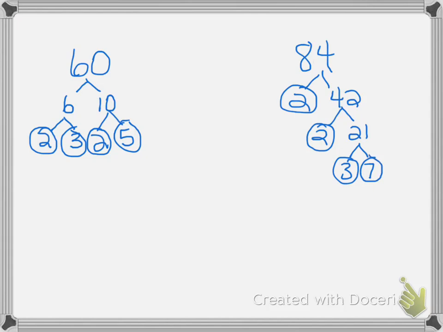Alright, so now you're going to compare, and you're going to see which factors are similar or the same over here on 60 that are the same over here on 84 that I can use. I see that I have 1 2 and another 2, and I have 1 2 and another 2 over here.